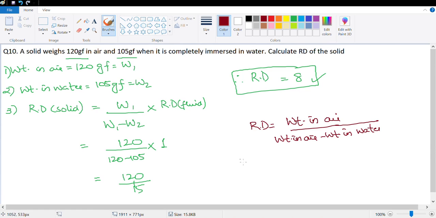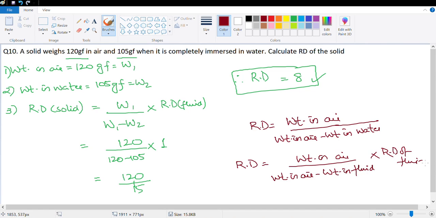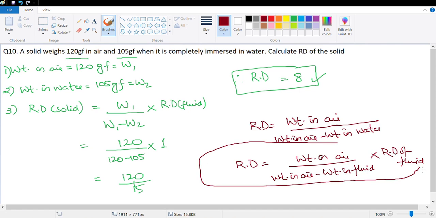Another formula given is relative density of the solid is equal to weight in air upon loss of weight, which, instead of loss of weight, let's write in the form of formula, weight in air minus weight in fluid multiplied with RD of fluid. I use only the second formula because even if this is water, then instead of fluid, I'll write weight in water and relative density of water, which is 1. So I remember this specific formula. I work on all questions using this formula.